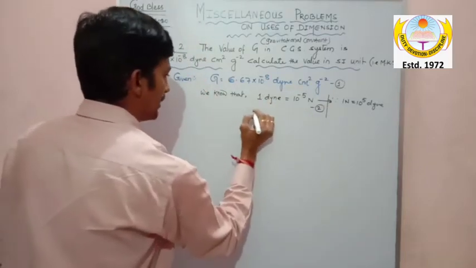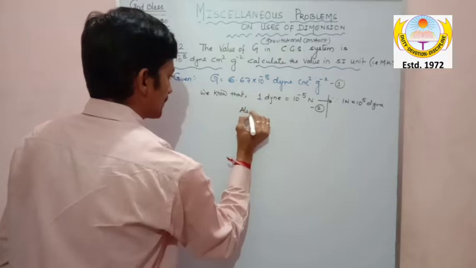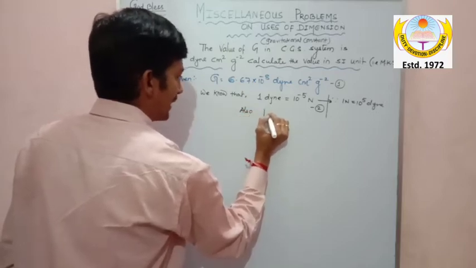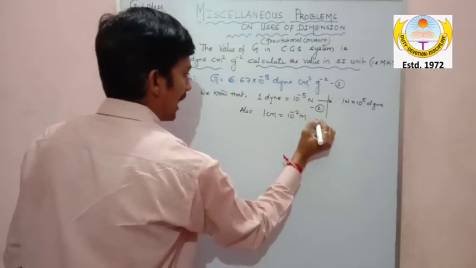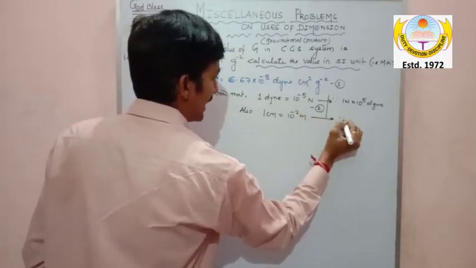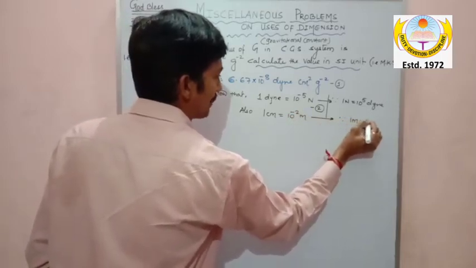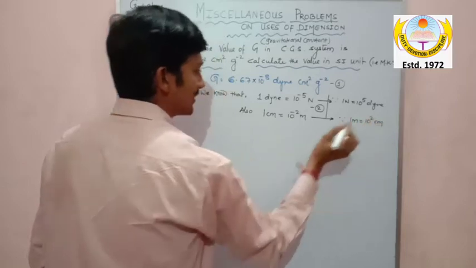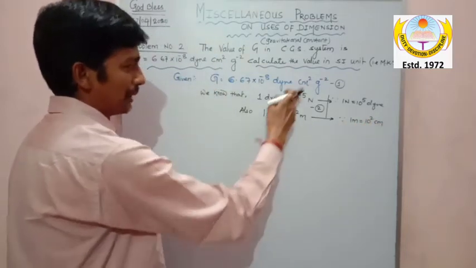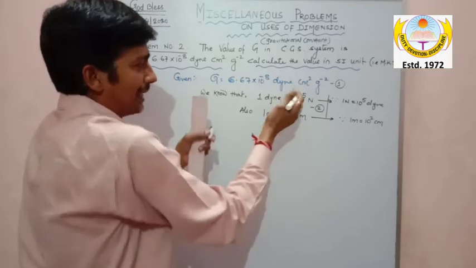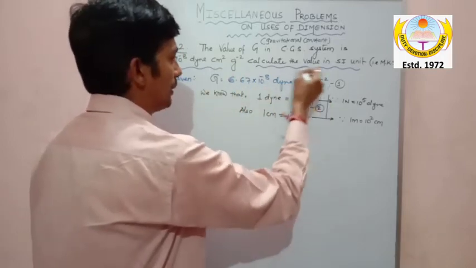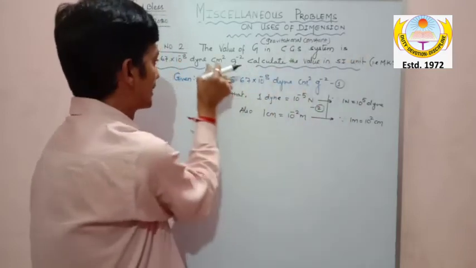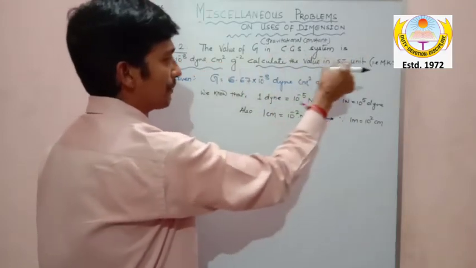Similarly my dear, also 1 centimeter is 10 power minus 2 meter. How did I come to know about this? Since 1 meter is 10 power 2 centimeter. Because, as you all know, I have said in my topics, here the CGS system will be converted into SI.